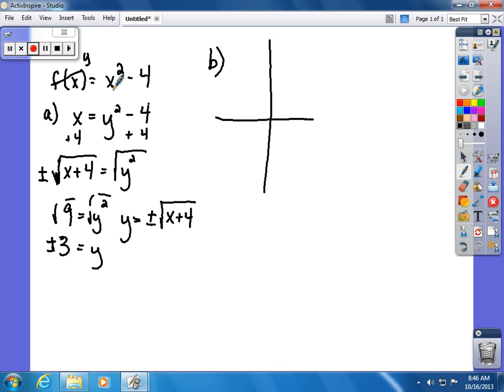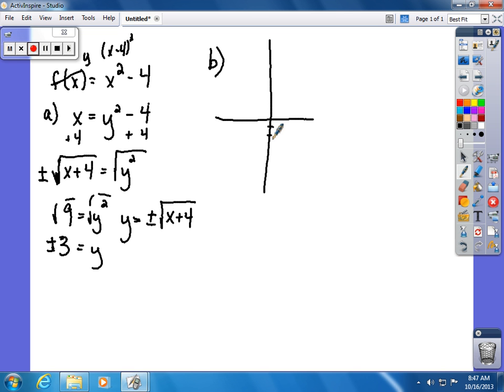So again, if you remember the basic shape of x squared, which is a parabola, right? I don't want to actually draw it on here, but it will look something like that. And if we've got a minus that's not included in what's being squared, meaning it's on the outside, this represents a vertical shift. So the parabola is getting shifted 4 units down.